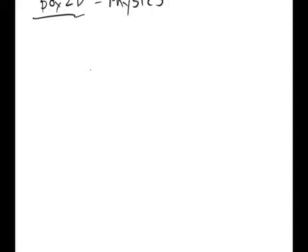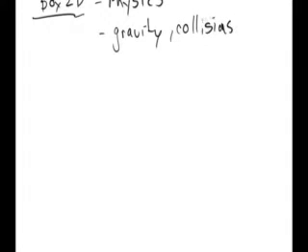It simulates how your sprites would behave under the effects of things like gravity, collisions, joints, friction, and a whole lot more. So you can simulate all of the things that are involved in kind of classical Newtonian physics using Box2D.